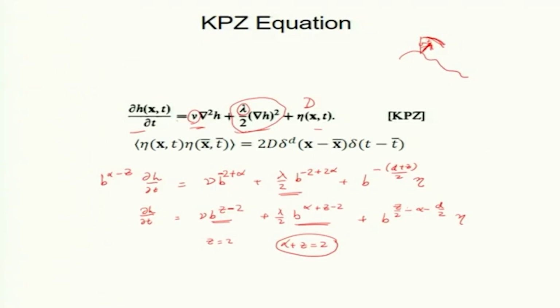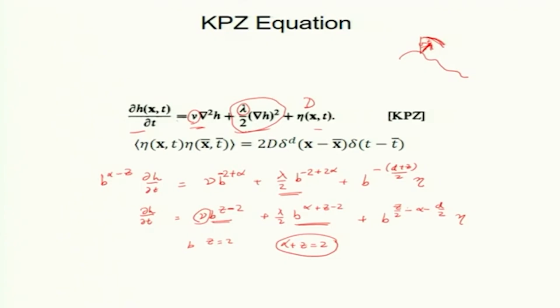When I change my system size, my nu also will change, and it is not new. We have seen it for turbulence: the viscosity is different at different lengths. So nu being constant is a gross assumption for a nonlinear problem. I have to renormalize nu. Nu is some function of b, and that will give us the correct result, which I am going to derive.